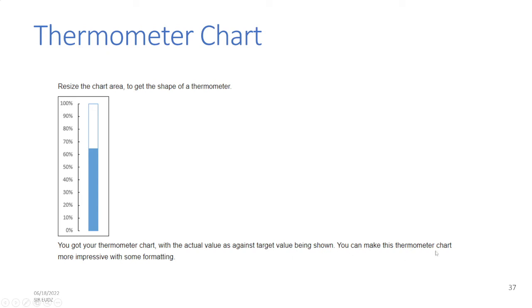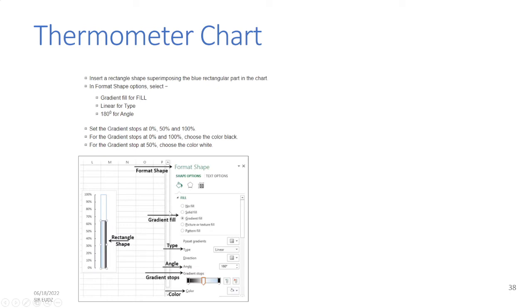You can make this thermometer chart more impressive with some formatting. Insert a rectangle shape superimposing the blue rectangular part in the chart. In format shape options, select gradient fill for fill, and set the angle to 180 degrees.